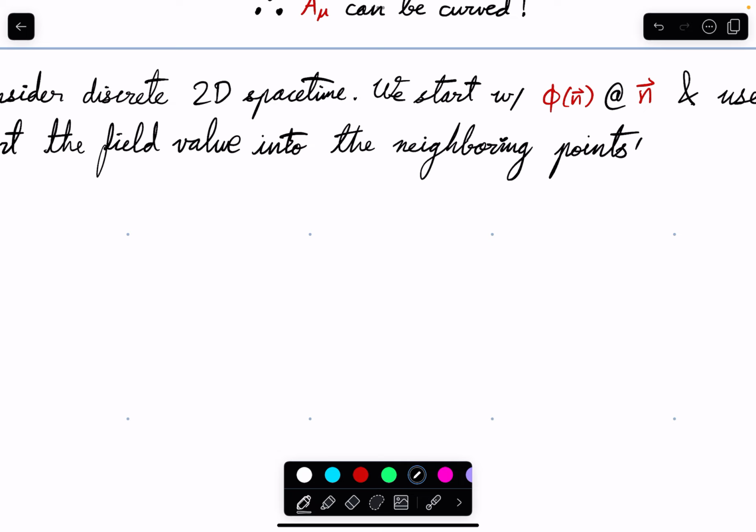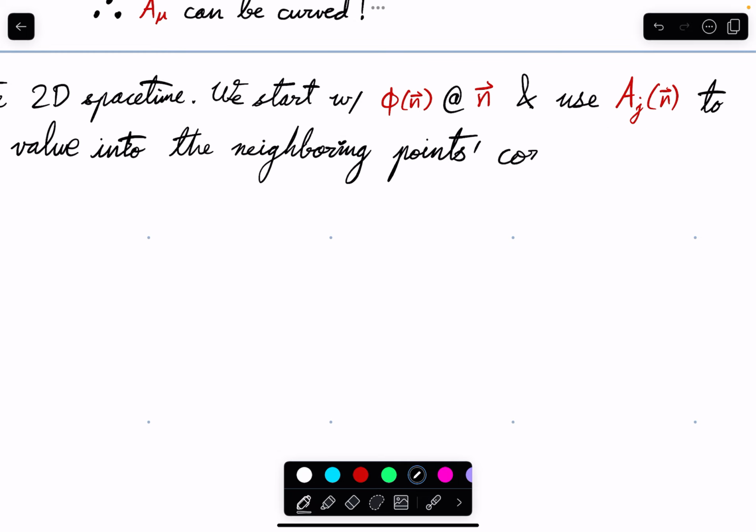Neighboring points, multiple points, coordinate systems.